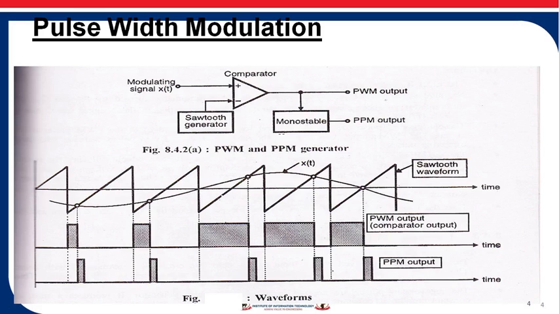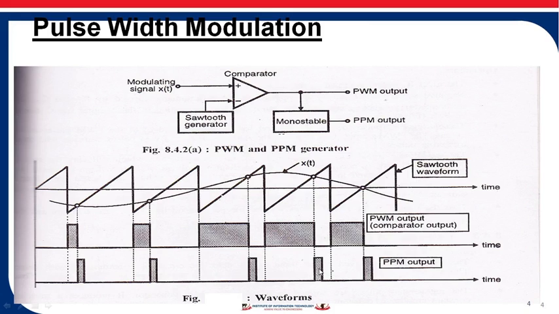When the trailing edge of the PWM signal occurs, the output of the monostable multivibrator goes on, and stays on for a particular duration only. Again for the next pulse of the PWM, at its trailing edge, the monostable multivibrator goes high for a particular duration.